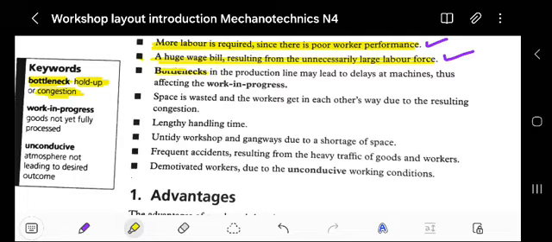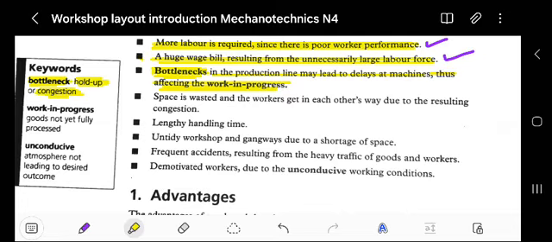Bottlenecks: traffic in the production line may lead to delay at machines, thus affecting the work in progress. This traffic congestion arises when we lack management and proper planning.